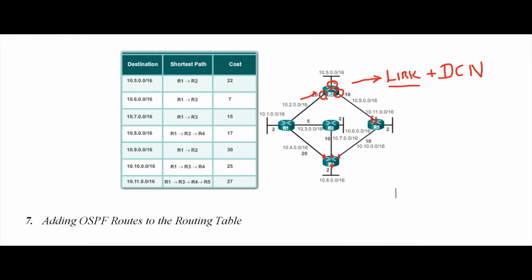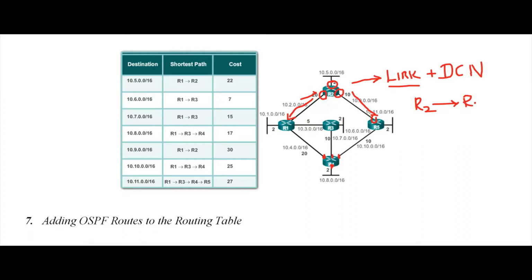That means R2 is going to meet R1, and R2 is going to send the data to R5. We will take only one router, R2. So in the second step, router 2 is going to communicate with its neighbors.